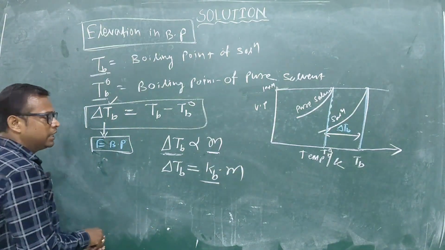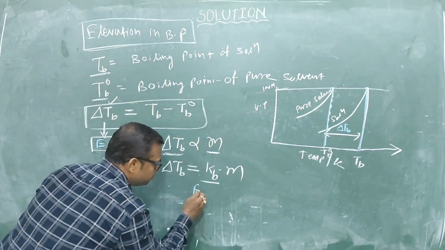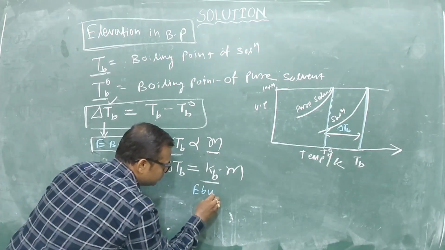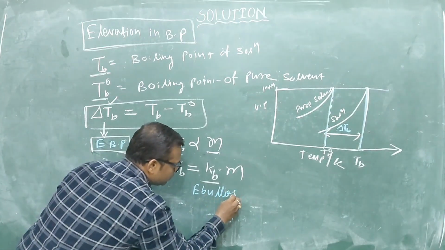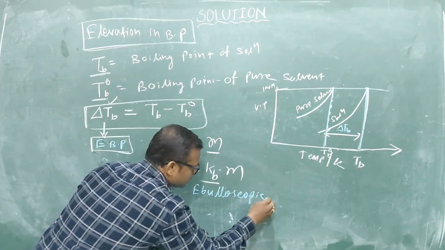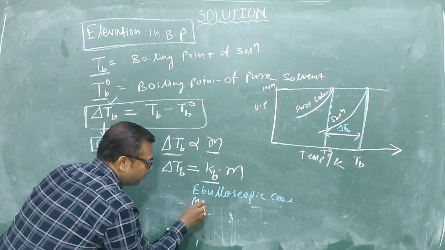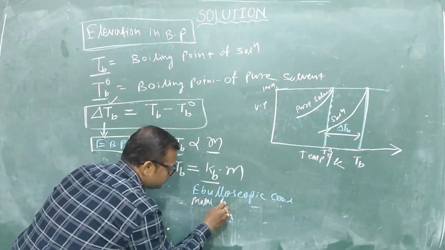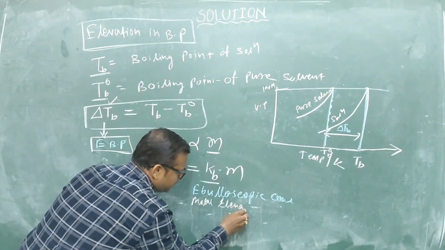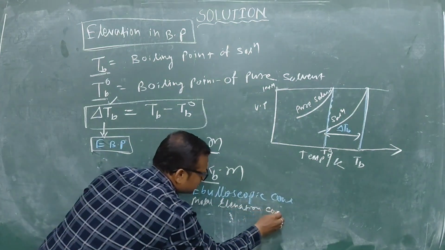What is KB? KB is known as the ebullioscopic constant, or you can also write molal elevation constant.